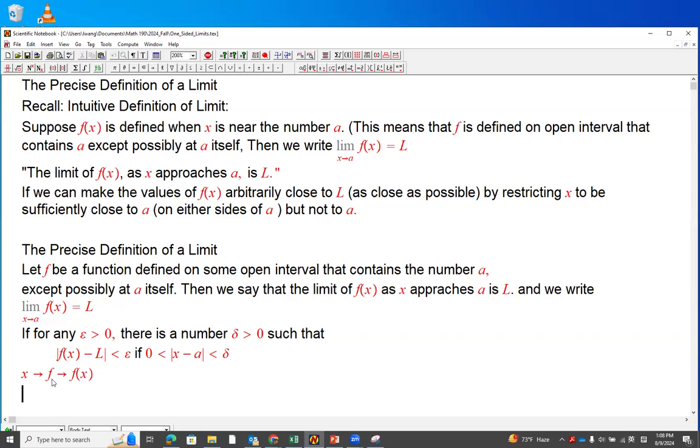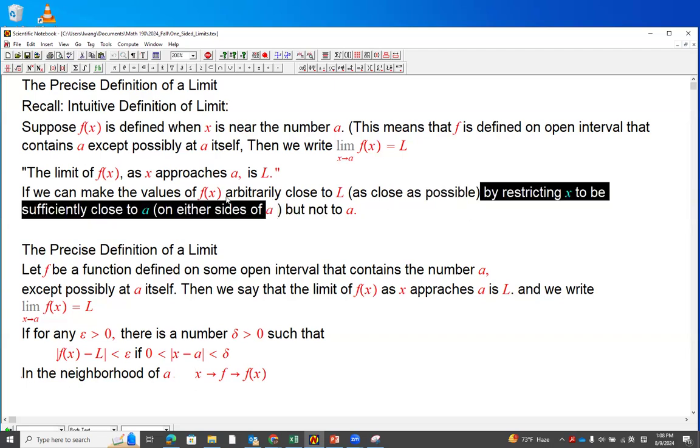When in the neighborhood of a, how do we describe that we want to make the values of f of x arbitrarily close to L, as close as possible?